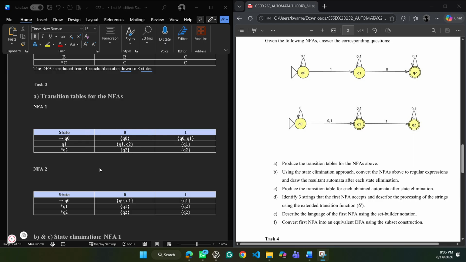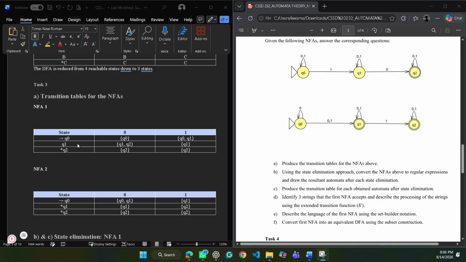In the previous video, we talked about this, so if you've forgotten, kindly go back and watch it. Now, if you're at Q0 and you see an input of 0, where do you go? You still maintain your position, so Q0.